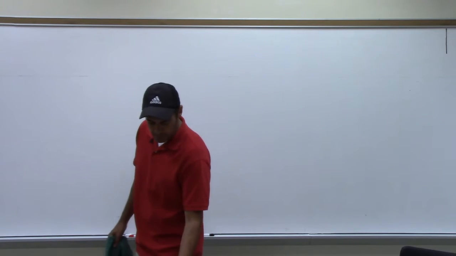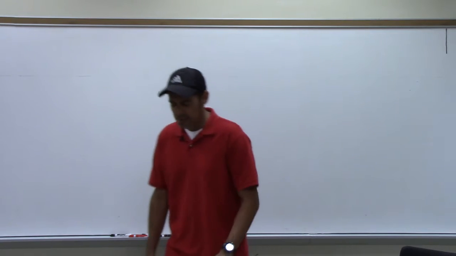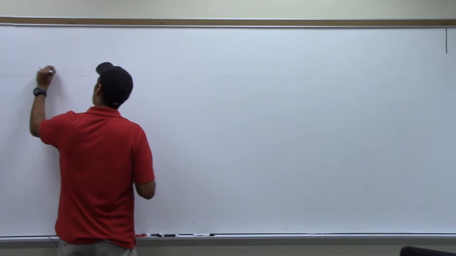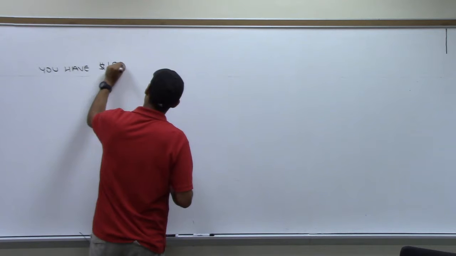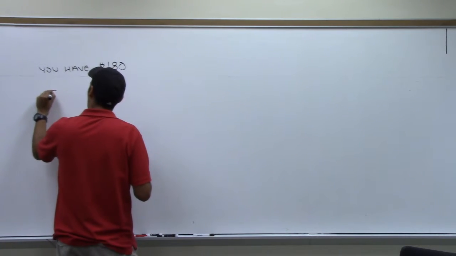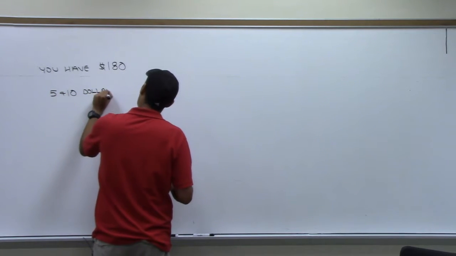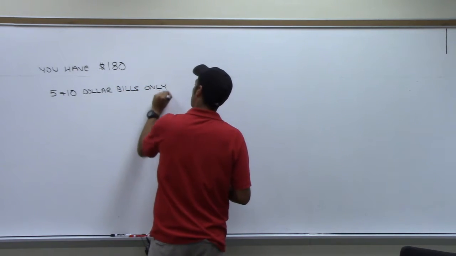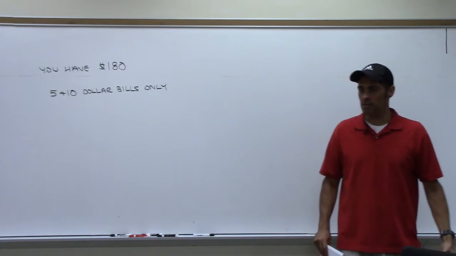We'll start with something pretty, I'm not going to say basic, but this doesn't seem very useful, all right? Let's say you have $180 in your pocket. You have $5 and $10 bills only. There's a lot of ways that you could have $180 with $5 and $10 bills, right?